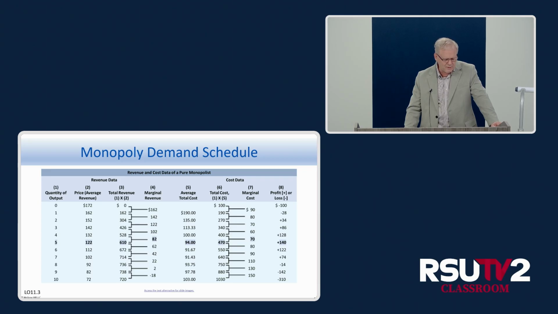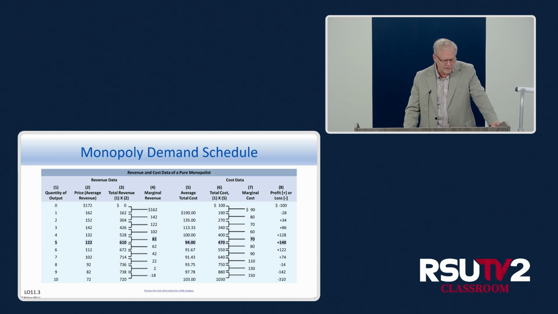So the marginal revenue on the first unit is the change in the total revenue divided by the change in quantity. The change in the total revenue is $162. You divide that by 1 unit.